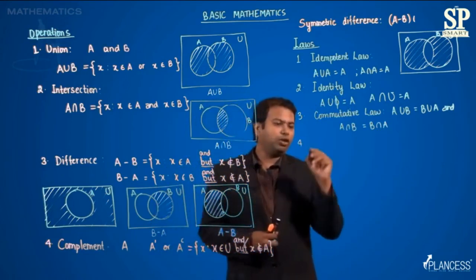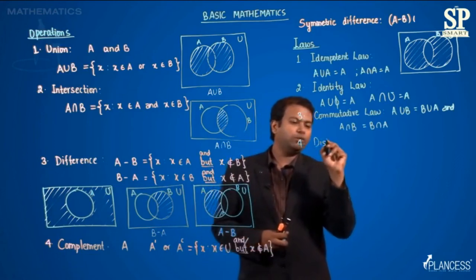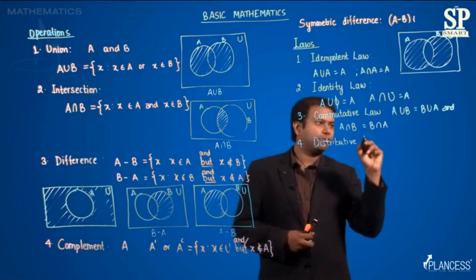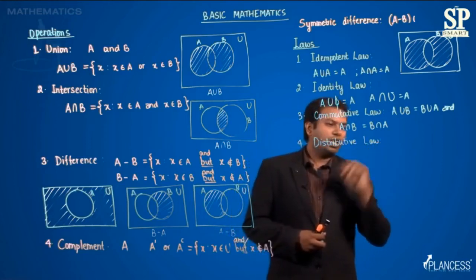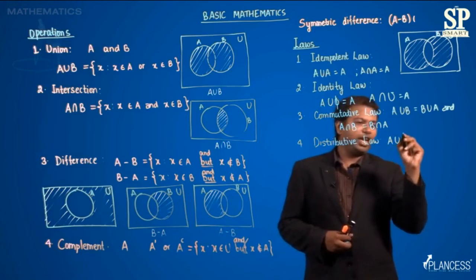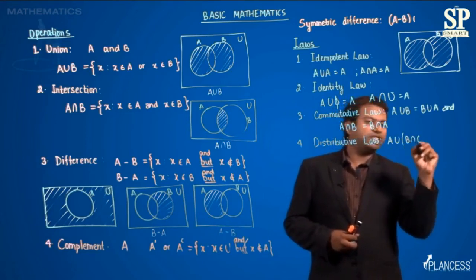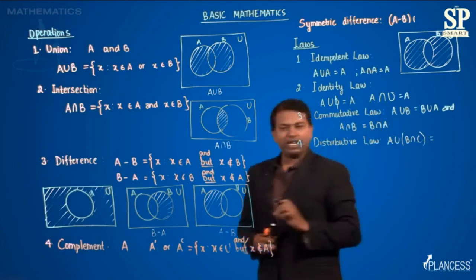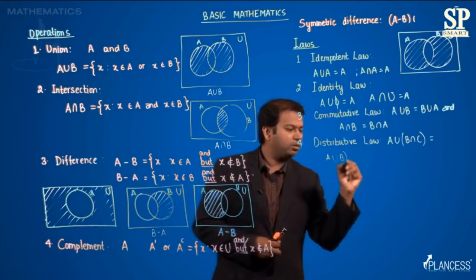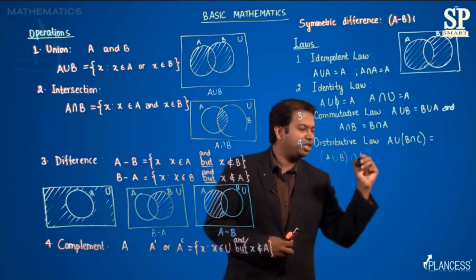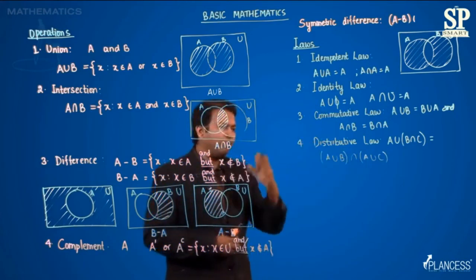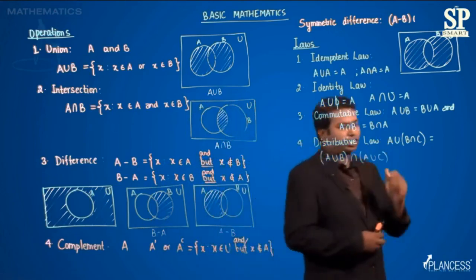The fourth law is the distributive law. Now in this case, if we have three sets as A union B intersection C, then it can be written as A union B intersection A union C. Now again, using Venn diagram, you can verify this distributive law.